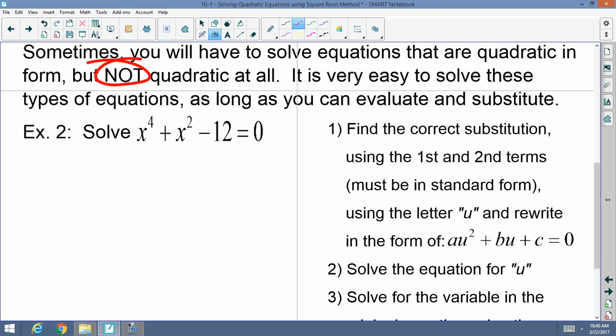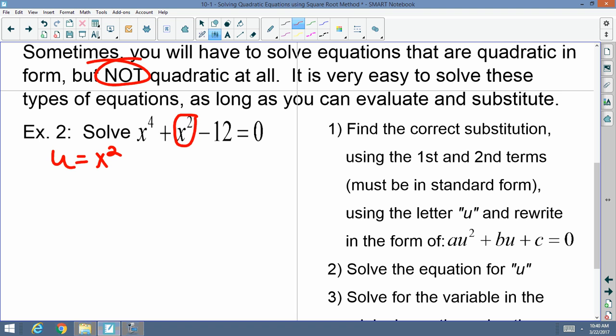Whenever you see that it's in quadratic form, you have to put it in standard form first, highest degree to lowest degree. This already is. Take the second variable term. I do not care about the coefficient, but that second variable term is your U. So U equals x squared.